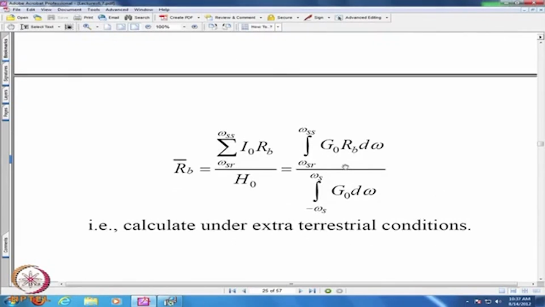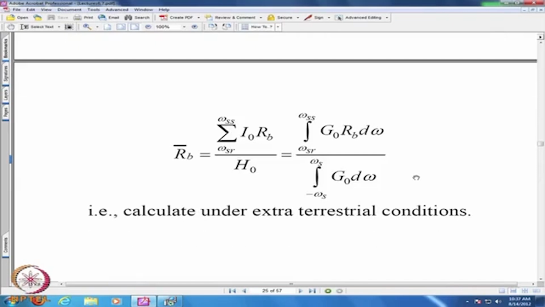So, in terms of intensity, I can go to my analytical integration procedure, because G0 is an analytical value, you have an analytical expression for it. So, we can do that under so called extraterrestrial conditions. So, RB bar, which is a weighted average of IB RB to IB, has been calculated as a simple integral under extraterrestrial conditions.